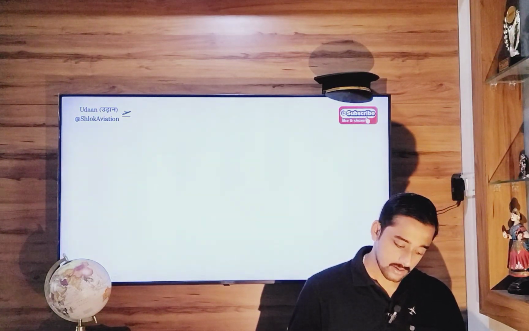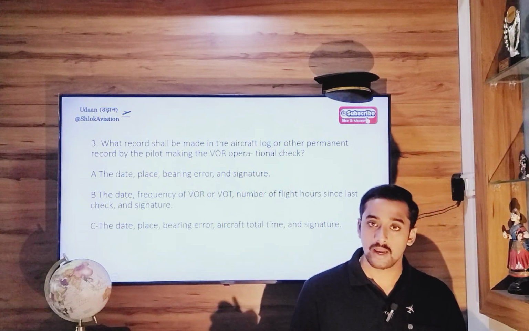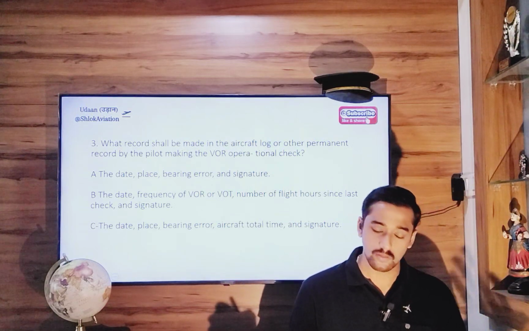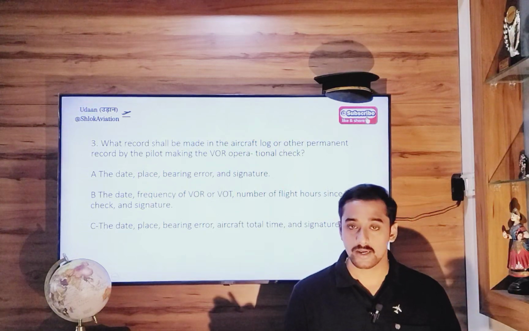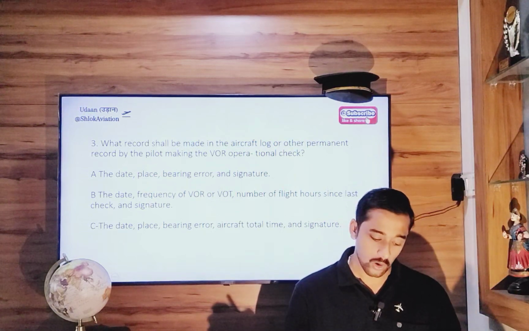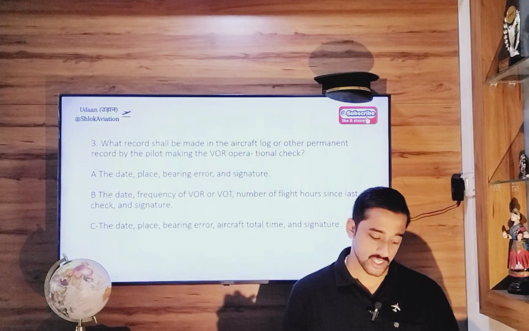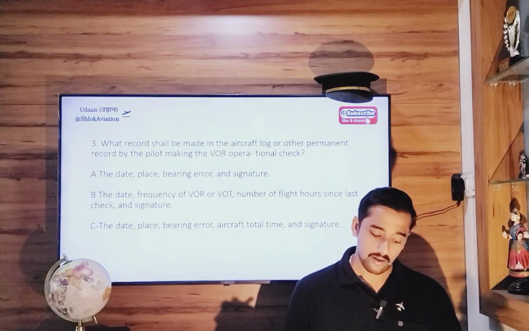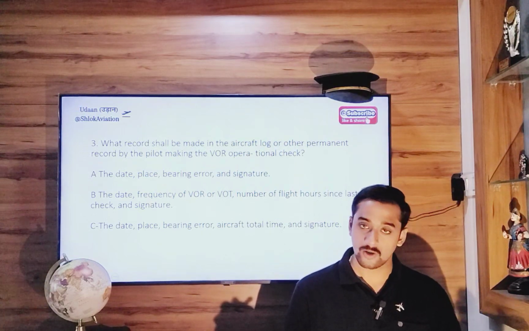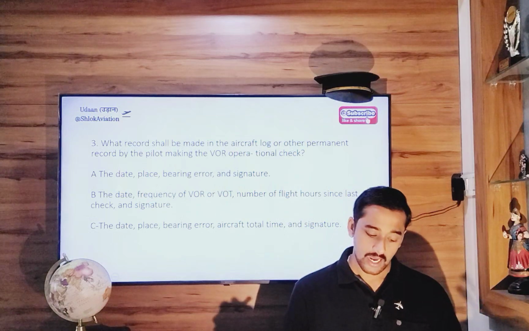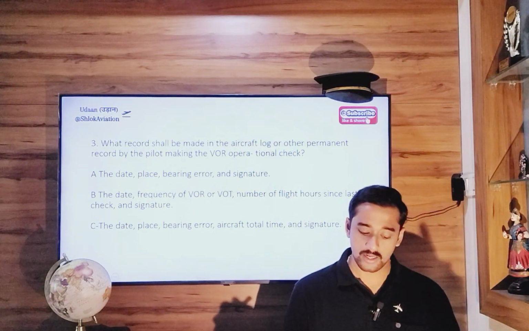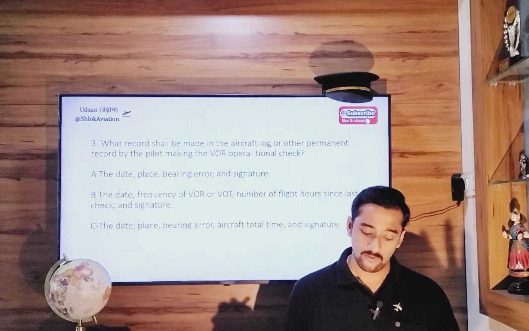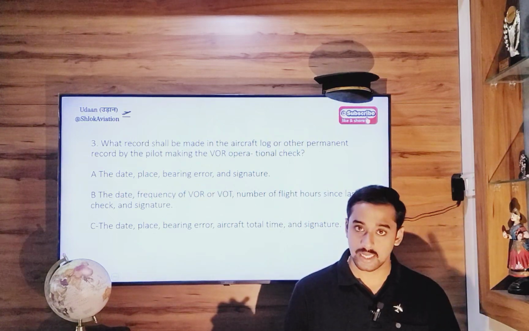Question number three. What record shall be made in the aircraft log or other permanent record by the pilot making a VOR operational check? It's similar to the previous question. Option A: date of the check, place of the check, bearing error and signature. Option B: date, frequency of VOR or VOR test facility, number of flight hours since last check and signature.